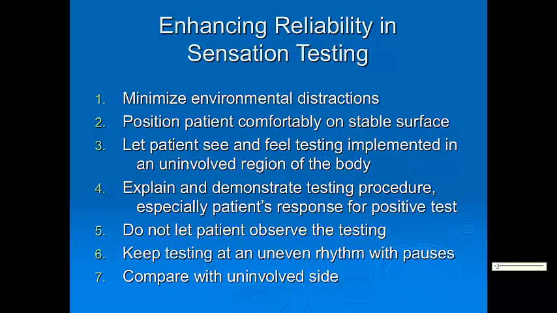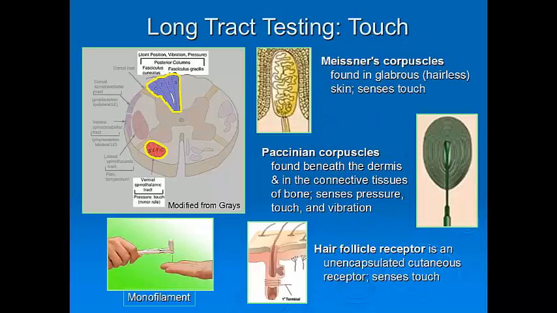In the long track testing for touch, we're attempting to stimulate the Meissner's corpuscles or Pacinian corpuscles and trying to avoid the hair follicle receptors. We'll use tissue, a wisp of cotton, or a monofilament, and that information is being conveyed up the spinal cord by the posterior columns or the ventral spinothalamic tract.